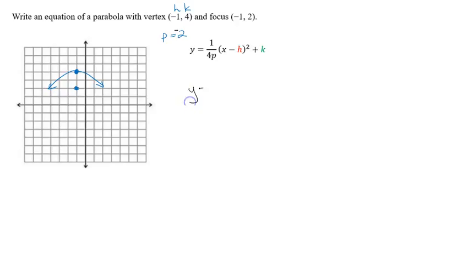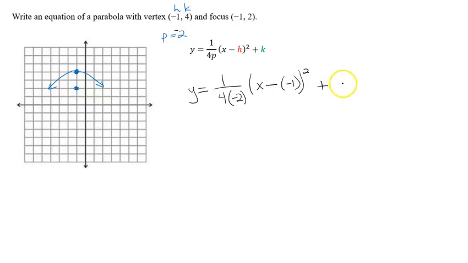So y equals, and how did I catch that? Because I was thinking 1 over 4 times 2 is 1/8. If that's positive, it should be opening upward. So it should be negative, which means my p was supposed to be negative. So 1 over 4 times my -2 for p, times (x minus h), so x minus -1, squared, plus k.